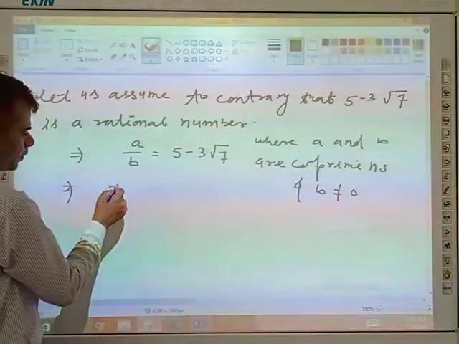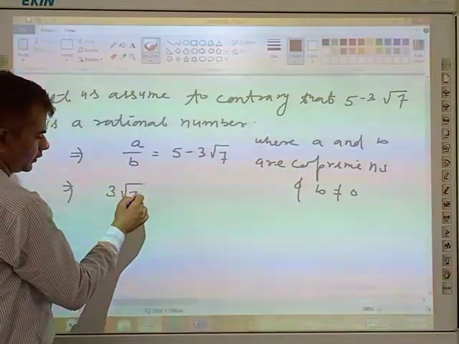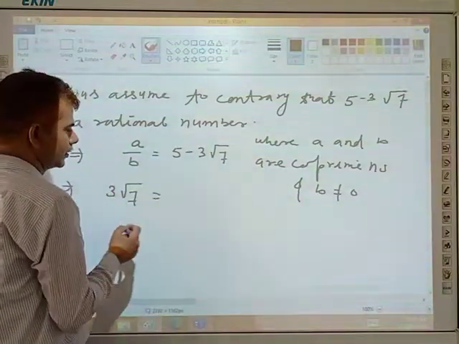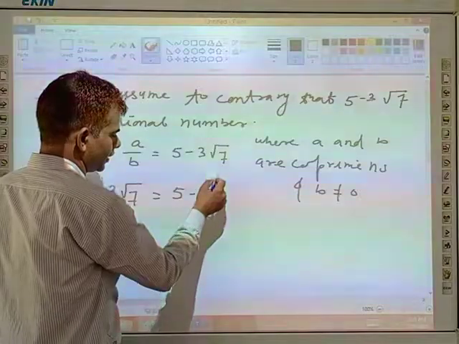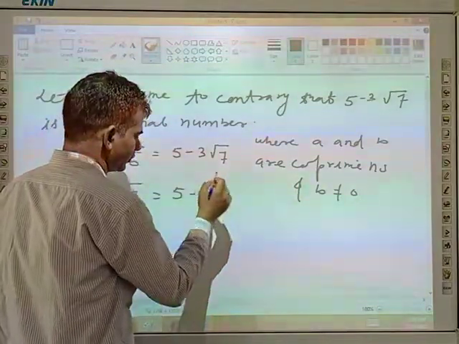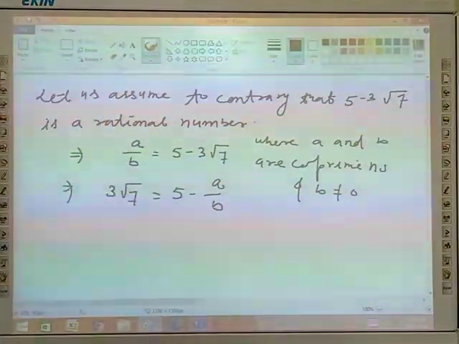A minus 5 by b is equal to minus 3 root 7, that is, 3 root 7 equals 5 minus a by b. Any doubt? No, sir.